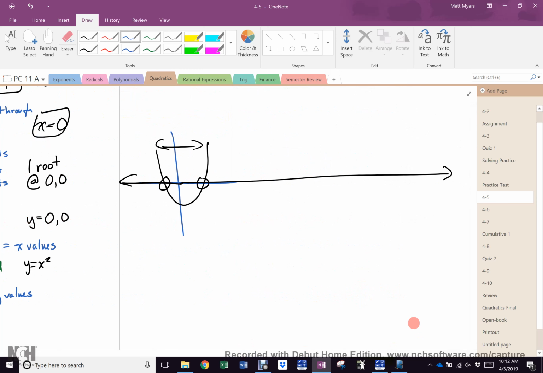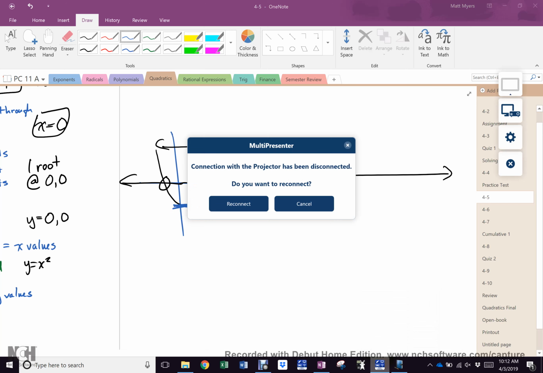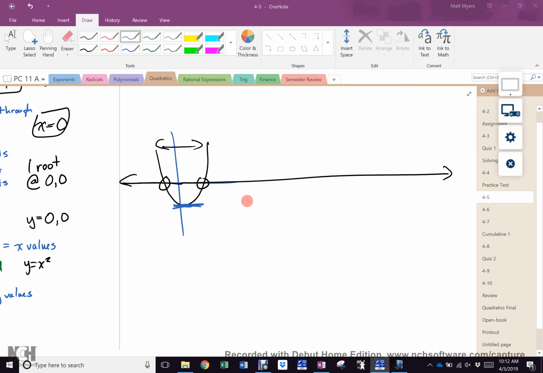Where are their y values on this parabola? Where do they start? At the vertex. Right there. And where do they go? Forever in what direction? In this case, only up.